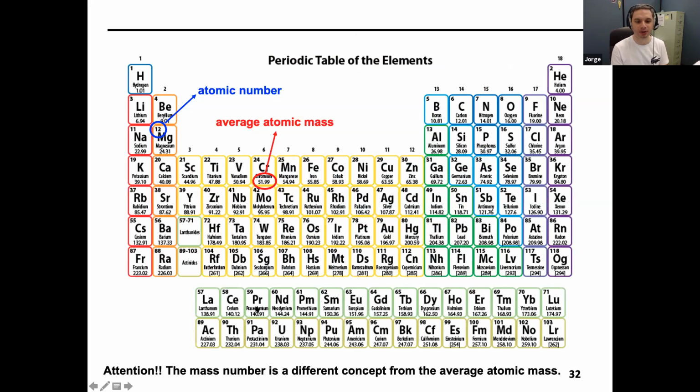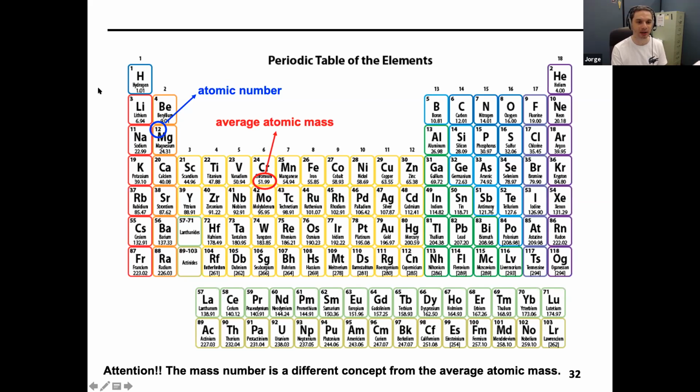All right, so just recapping here. In the periodic table, we organize the elements starting from the lowest atomic number and going all the way to the highest. The number on top of each column is called the group. Elements in the same group have similar chemical properties.